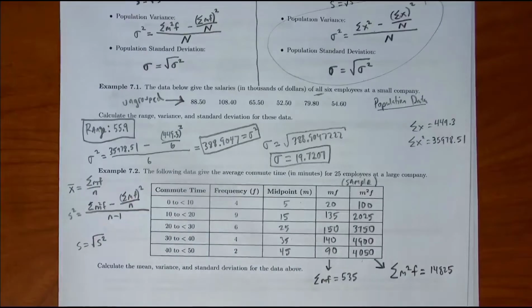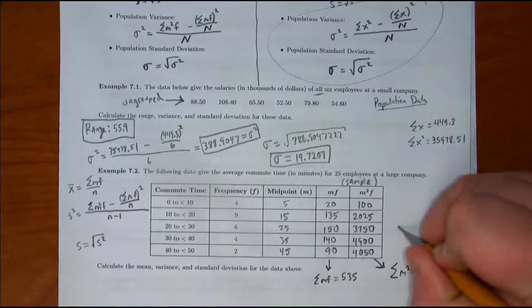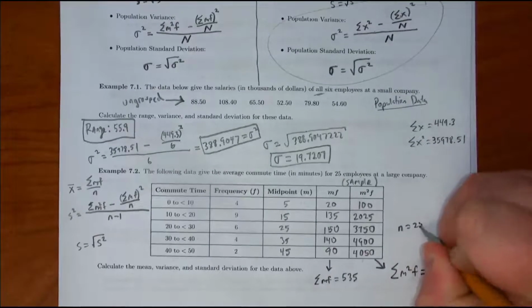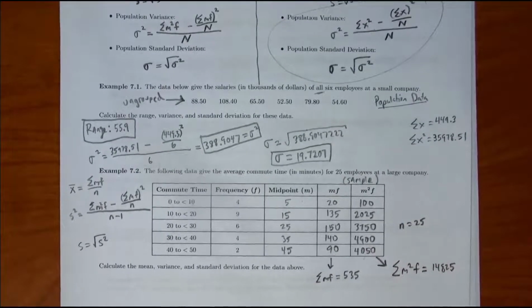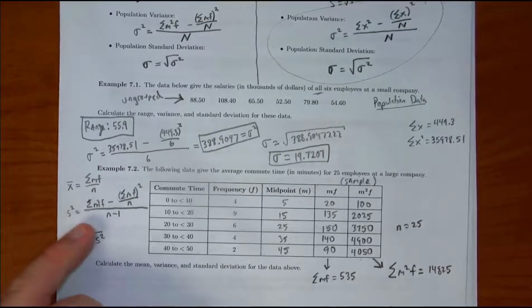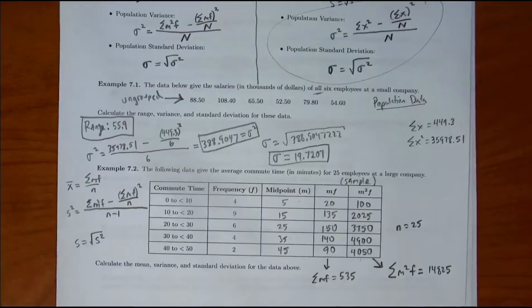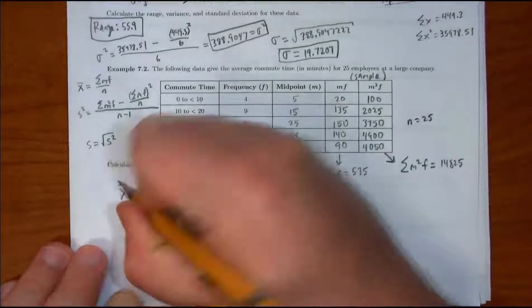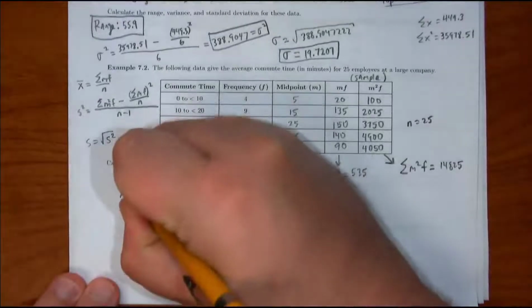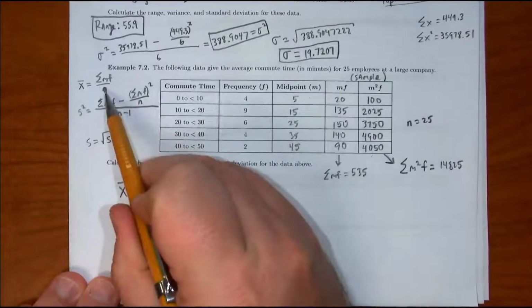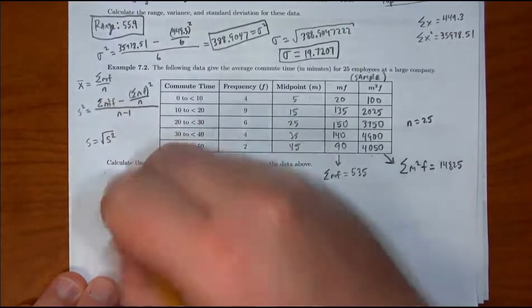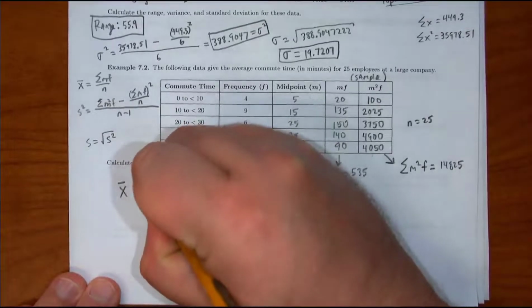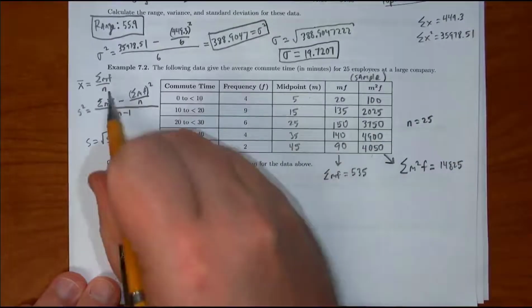Now, really, that should be enough for everything we need. Of course, n is 25, the sample size. So those 3 values are enough to calculate the mean, the variance, the standard deviation. So let's see. X bar, that's the sum of the MFs, which are 535, over n, 25.